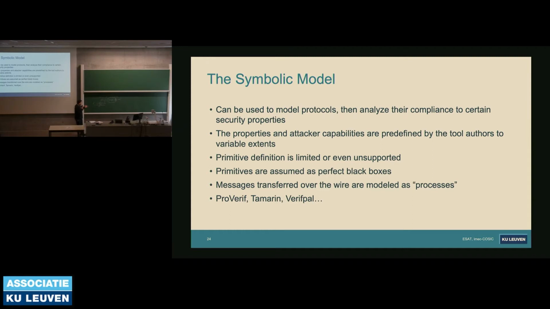In the symbolic model, we assume that the primitive is perfect. So given a ciphertext that's an encryption of M using K, it is literally impossible to recover M if you don't have K. This is an assumption, and then we build on top of that. The same holds for public key crypto, signatures, etc.